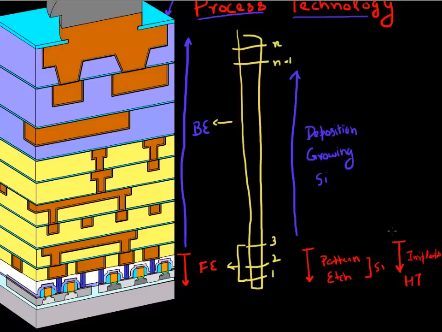Whereas in the back end of the line, you have already made your transistors, so you don't want to damage the transistors which have already been made in the front end. So most of the process steps here tend to be done at low temperature, or temperatures of less than 400 degrees centigrade. So these are the different ways we can classify the process steps.